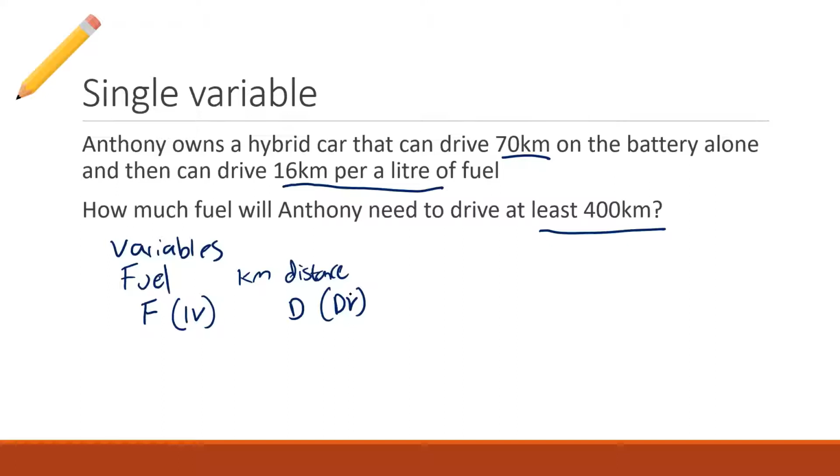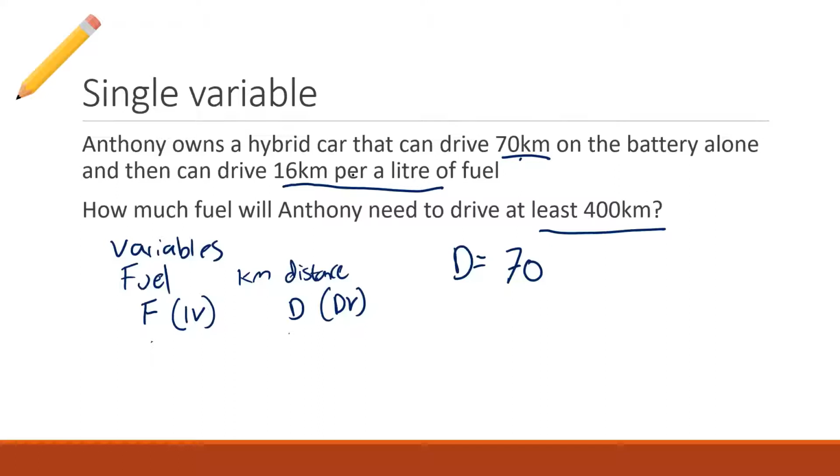So we're going to try to use these two symbols to create an equation. The distance that we can travel, well, we know we can always travel 70 kilometers because that's how much we've got in the battery. Even if we have no fuel in the car, we can still travel 70 kilometers on the battery alone.